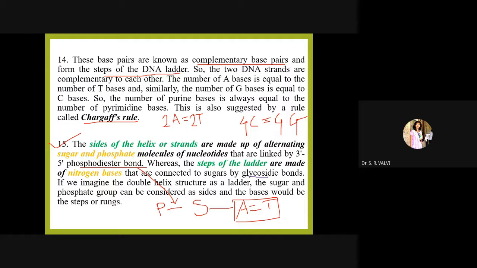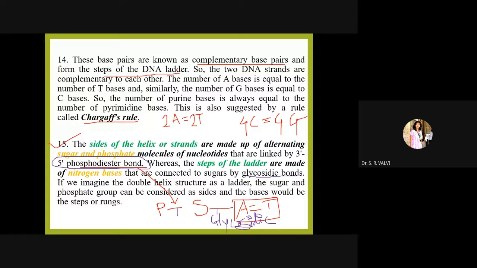So this is exactly the glycosidic bond, right? And this is the phosphodiester bond. Please do remember, the phosphodiester bond is present between phosphate and sugar, whereas the glycosidic bond is present between sugar and nitrogenous bases, right?